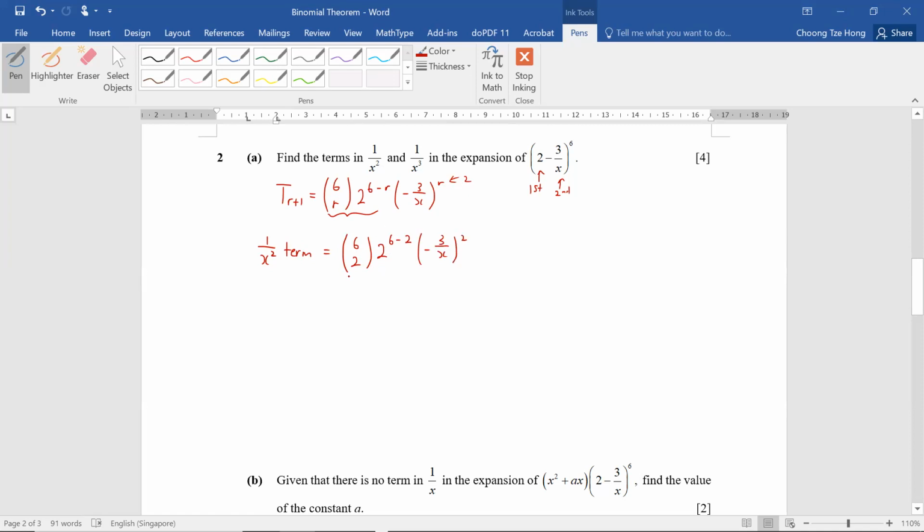So I can straight away get the term that I need. 6 choose 2 times 2 to the power of 4, you can work it out with your calculator, you get 240. Then negative 3 over x squared gives 9 over x squared. So you will get your answer as 2160 over x squared.